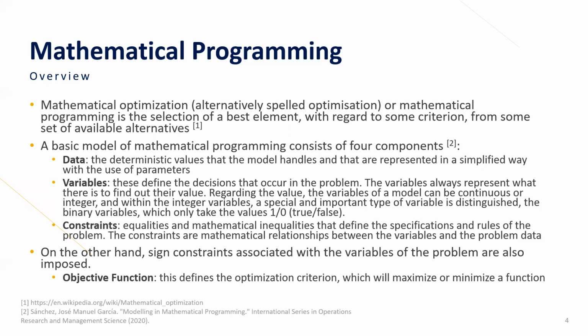For example, if it is a decision related to producing or manufacturing something, perhaps you need to know how many working hours are available or the throughput of your machine. Those are data.